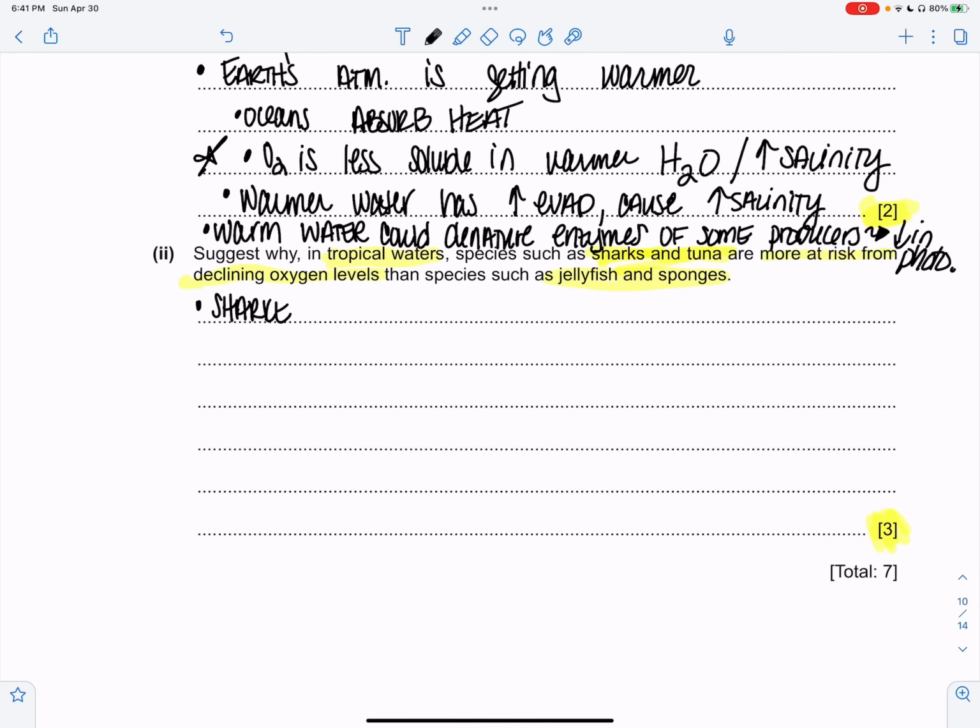Sharks and tuna are larger or, even better, more active animals. They move a lot.